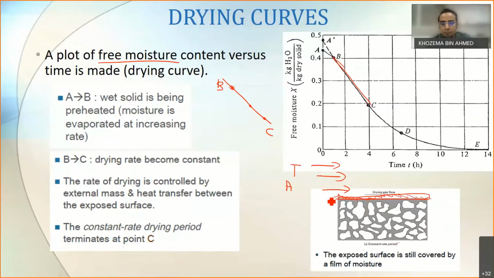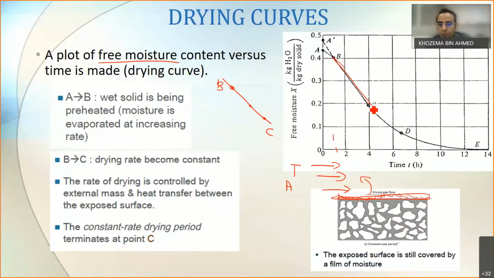The amount of water being removed and transferred to your hot air is the same from, let's say, time 1 until 4.